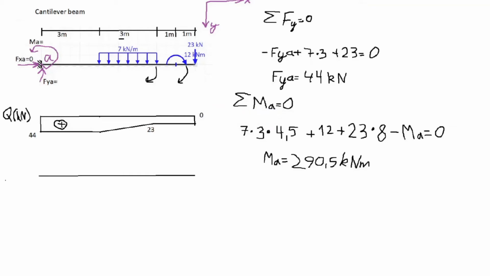One question that you may also have is, why didn't we add the moments? Because the moments create normal forces within the beam, but in the shear force diagram the only thing we care about is shearing forces. So let's move on to the moment diagram.